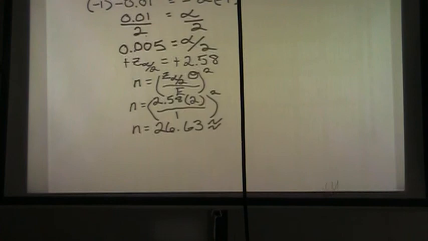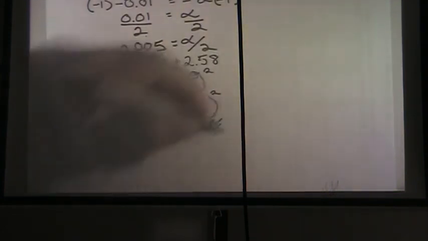Now, can we get 0.63 of a sample? Oh, hell no. So therefore, we round up to 27.